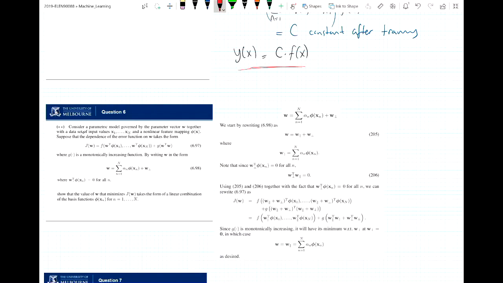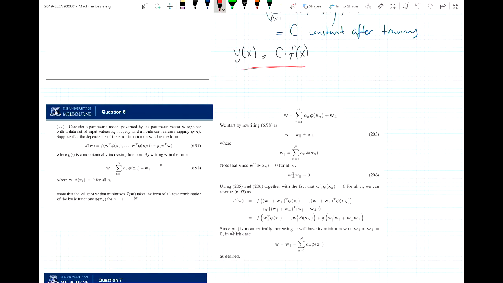So let's look at a parametric model with parameter vector w, together with the data set input values x1 to xn, and we have a nonlinear feature mapping phi of x. Suppose the error function is a regularized error. We have an f of the values, and this is a monotonically increasing function. We use it as a regularization term. So this is a quite general form.